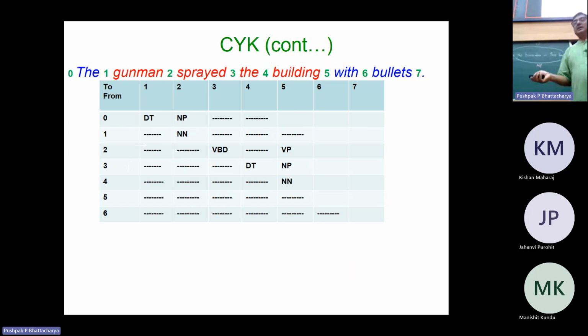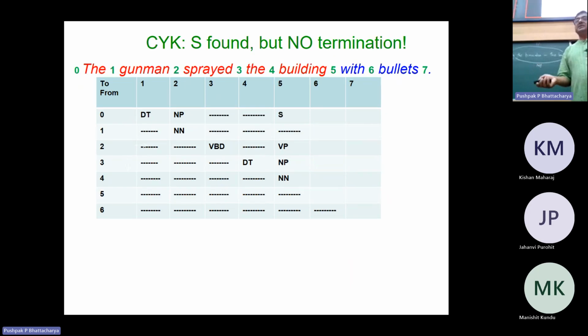No, because I do not have any grammatical rule which says that a phrase can begin with a noun. A phrase can begin with NNS, plural noun. Singular noun, no. And then I'm able to find an S between 0 and 5. The gunmen sprayed the building, which is fine. It's a correct sentence. But the parsing will not stop because the input elements are not yet over.